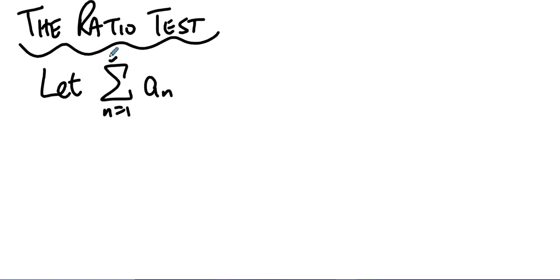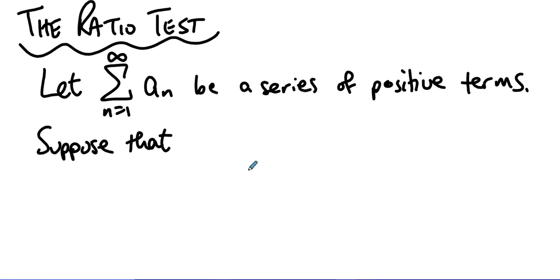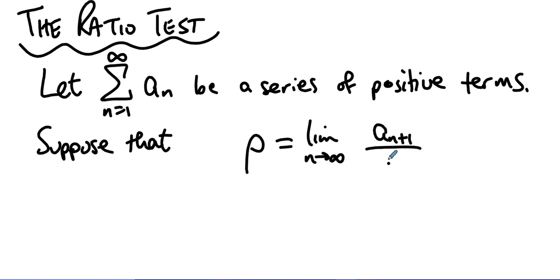We're going to let the sum of the a sub n's be a series of positive terms. Yes, we've let negative terms in, but this test works with series of positive terms. Suppose that rho, it looks like a P, but it's the Greek letter rho, is the limit as n approaches infinity of a sub n plus 1 over a sub n.